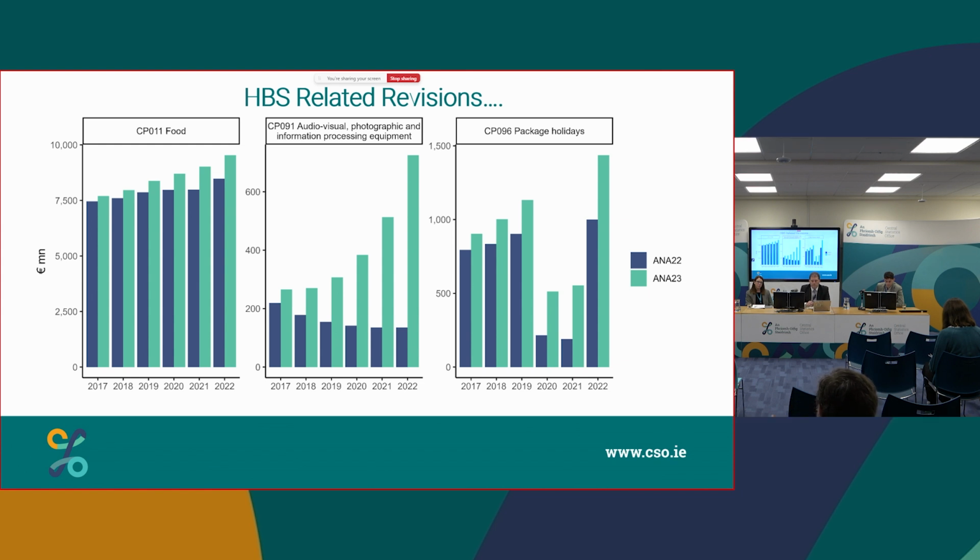But it wasn't capturing the average rent that people pay, because for people in accommodation over a long period, the rent will be lower than the marginal rent. So are you capturing the average rent, or is it the marginal rent for new renters, which might exaggerate the rent? And the third thing was the upward revisions in the food.